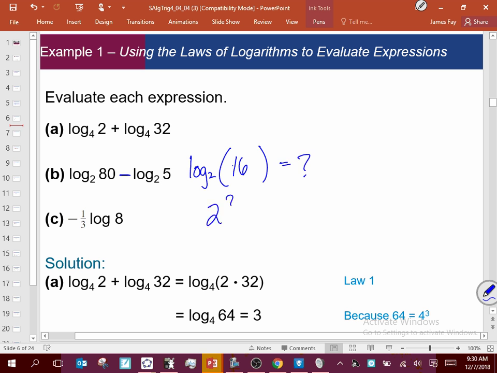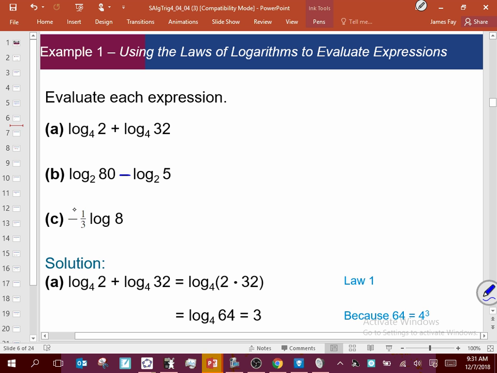So 2 to the what power will give me 16? 4. Okay? 2 times 2 is 4, times 2 again is 8, times 2 again is 16, right? All right, so that one, again, 2 to the what equals 16. I think that should be a common knowledge type question.